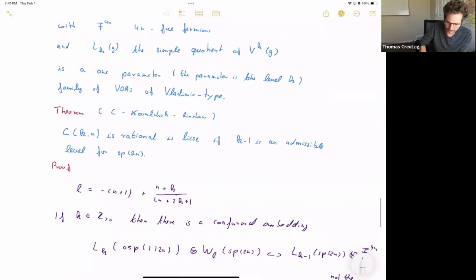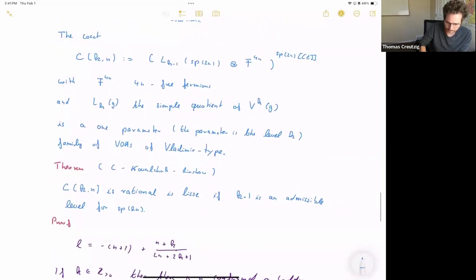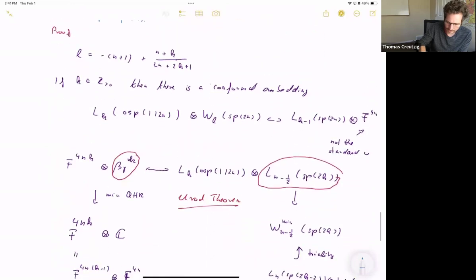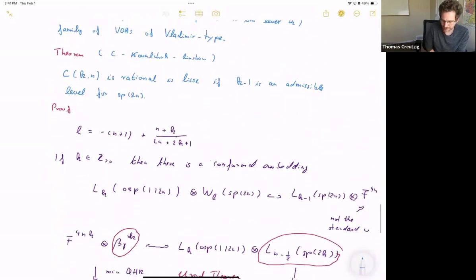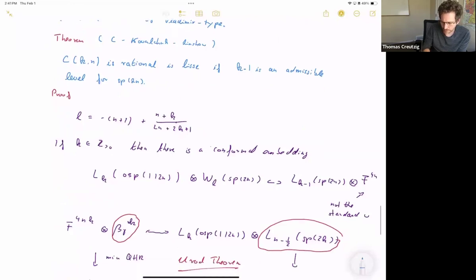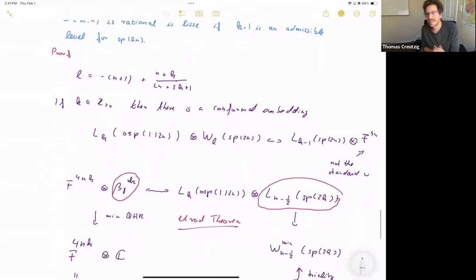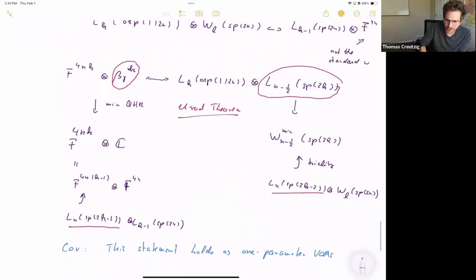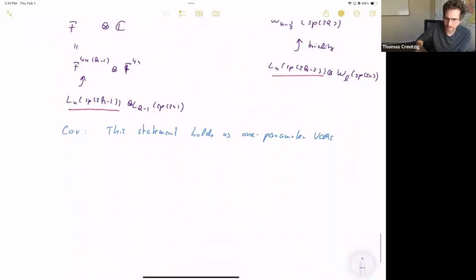So one arrives at this very nice statement that this 4n free fermions times affine VOA of SP2N always carries some kind of diagonal action of OSP1 to N at level K, a result that you should take as very, very surprising.